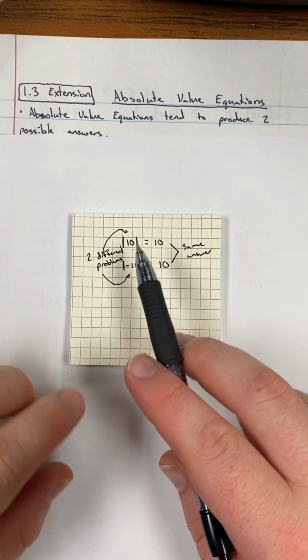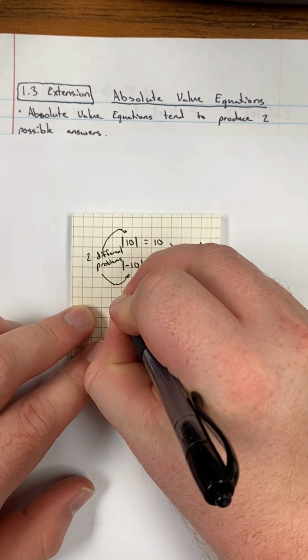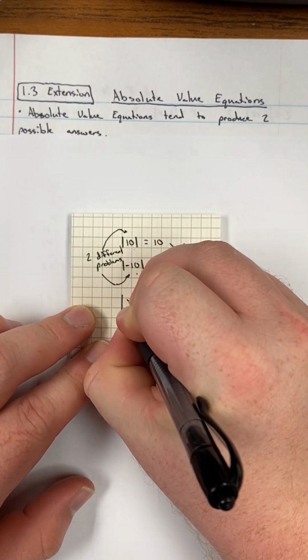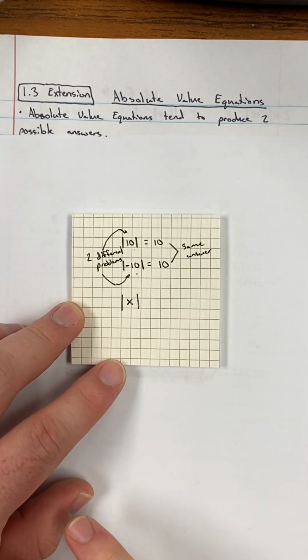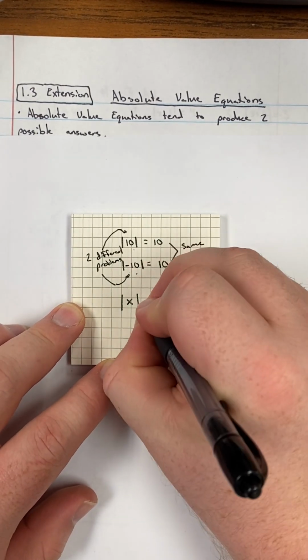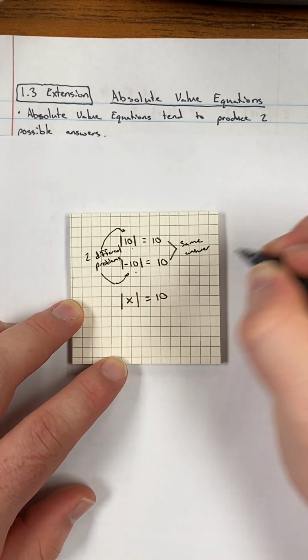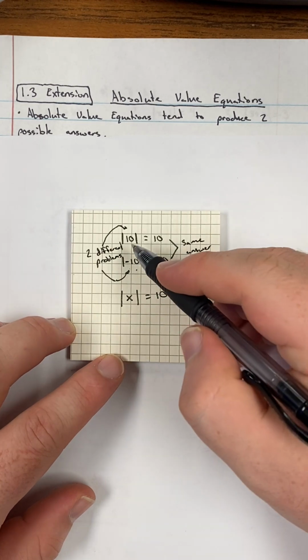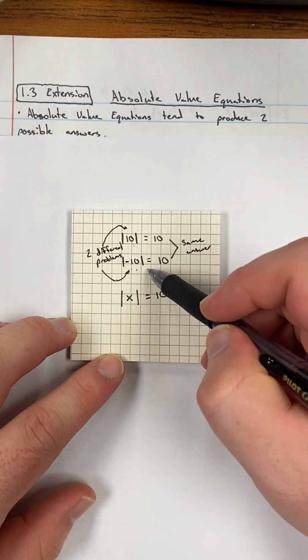So if I replace this 10 and the negative 10 with an unknown, let's say I don't know what the answer is. It's just x. But then I tell you the answer when I take the absolute value is 10. You don't know which one I'm talking about. It could be this problem or it could be this problem.